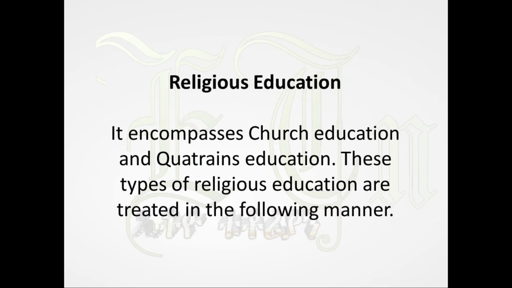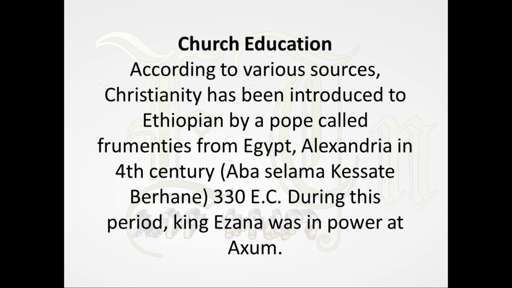Religious education encompasses church education and Quranic education. These types of religious education are treated in the following manner. Church education: according to various sources, Christianity was introduced to Ethiopia by a man called Frumentius from Alexandria, Egypt, in the 4th century, known as Abba Salama Kesate Berhan, in 330 of the Ethiopian calendar.